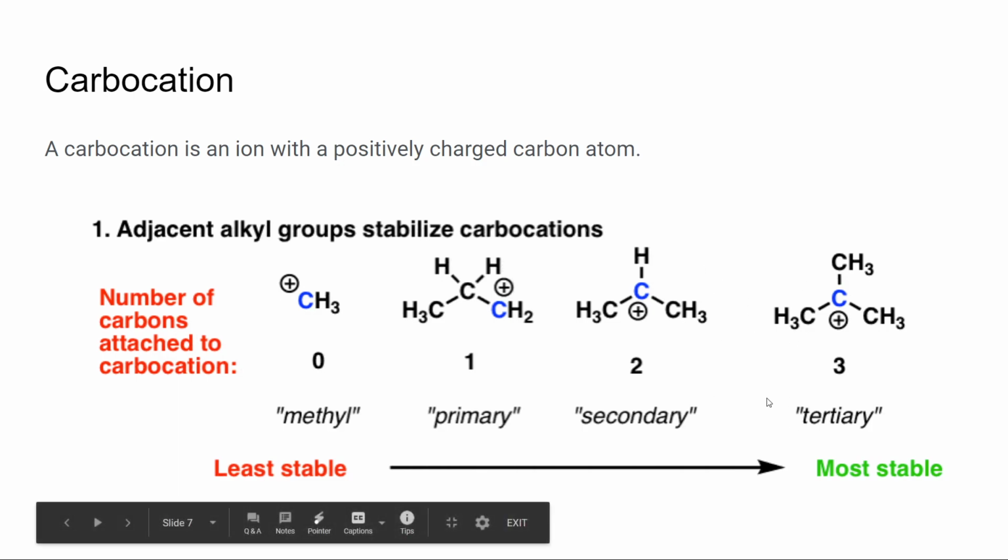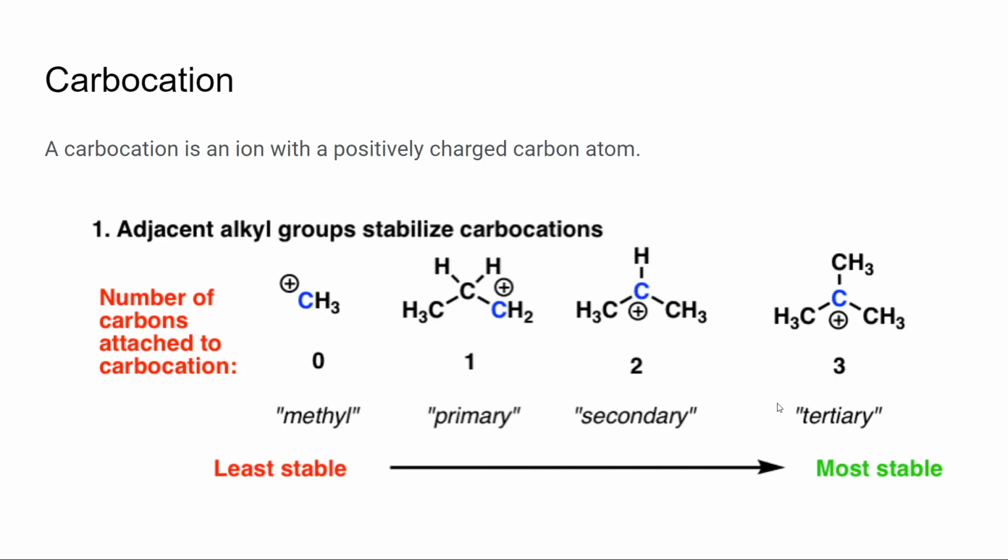Okay, and usually when we mean most stable, it means that it will be able to survive in this carbocation state long enough for us to try and get it to interact with whatever thing we want to interact it with.